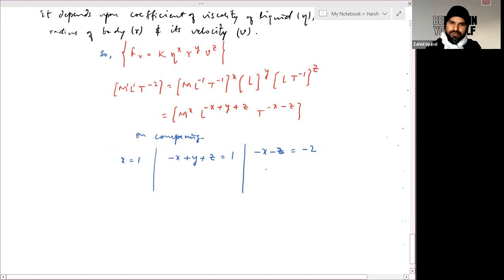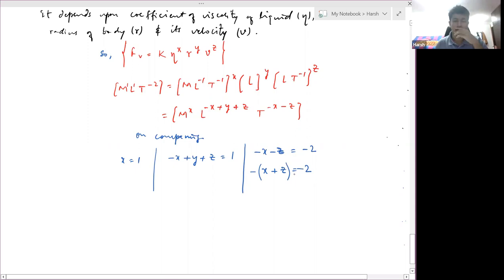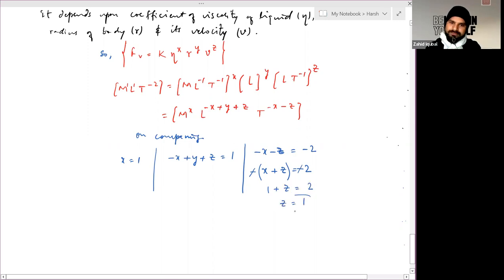So take out minus common from either side: x plus z equals 2. This minus and this minus cancel out, or you may take it as it is, according to your choice. Now put the value of x as 1: 1 plus z equals 2. So z will be just 1.